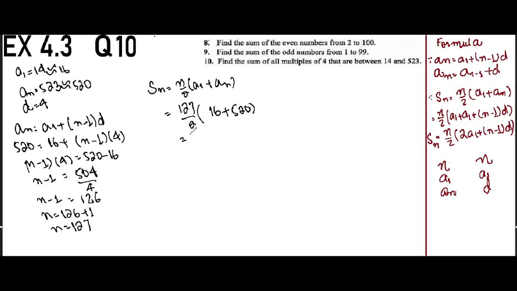It is equal to 127 by 2 into 536. Now divide 536 by 2. We have 127 into 268: 2 fours are 8, 2 sixes are 12, and 2 eights are 16. Now 127 into 268 is 34036. Thank you so much.